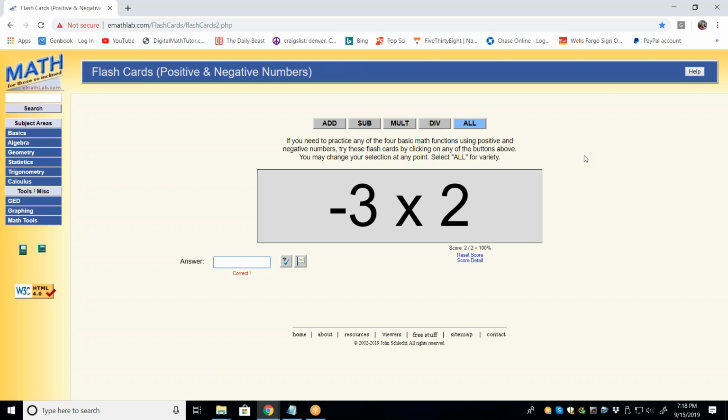Sign first. On all multiplication and division problems, I want you to give me the sign first. Then figure out the number. -6. -1. Very good.